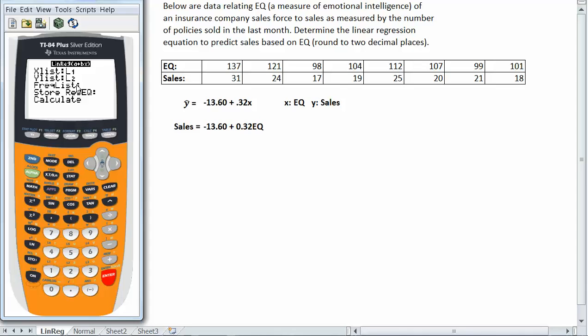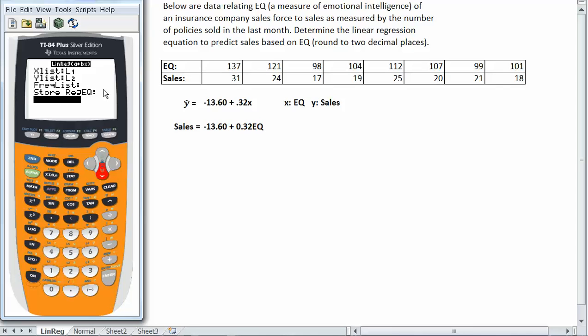For this particular situation, we don't need to worry about the frequency list, and I'm not going to bother with storing the regression equation into one of the variables, but you could. By hitting vars and going to yvars and function, you can pick one of the y variables to store the regression equation, but we're just going to look at it on the screen as it comes out. So I'm going to arrow down to calculate.